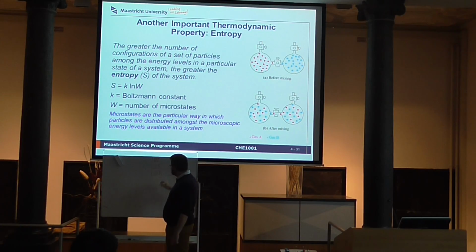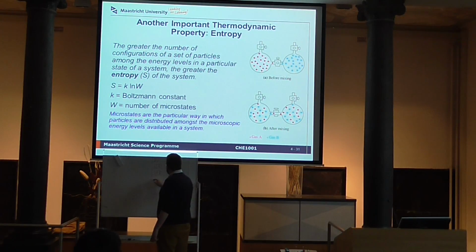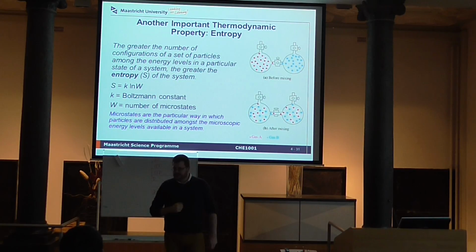That's 3 ways of doing it. But there's quite a few other ways that you can do it as well. You can put 2 books on top and 1 book at the bottom. You can put 1 book on each shelf. You can put, let's say, 2 at the bottom and 1 on top, etc. The number of ways that you can arrange those books is called the microstates.